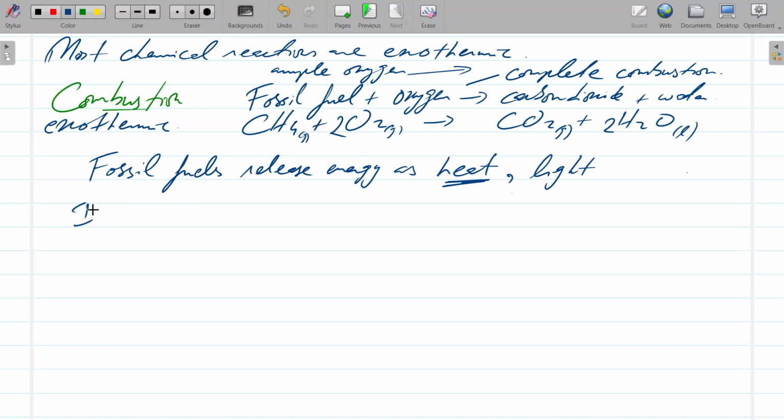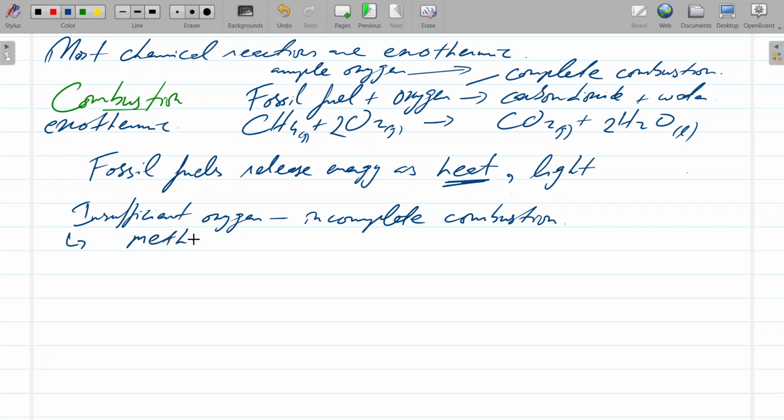If there is insufficient oxygen, that would lead to incomplete combustion. And so the products would be slightly different. What you'll have is methane plus oxygen.